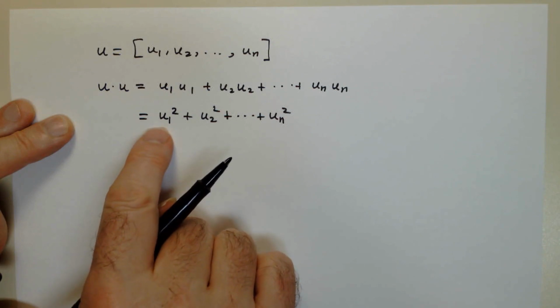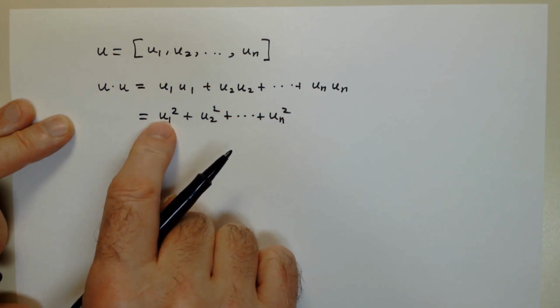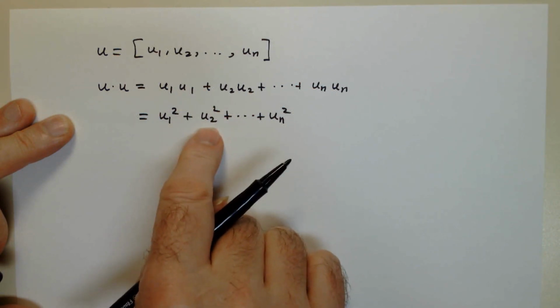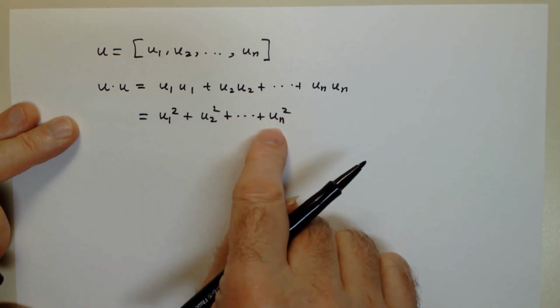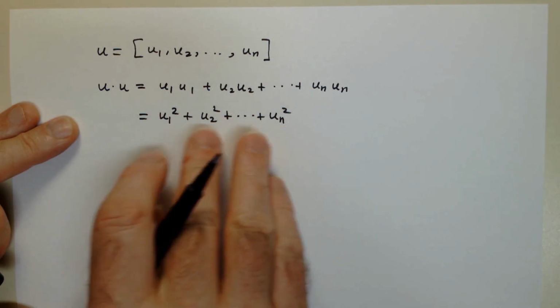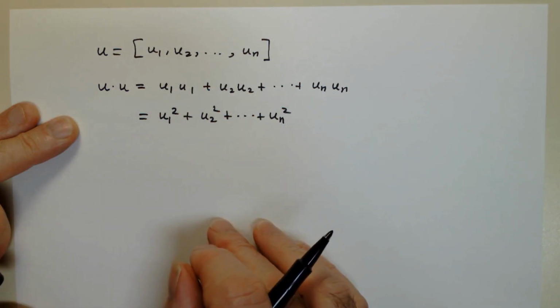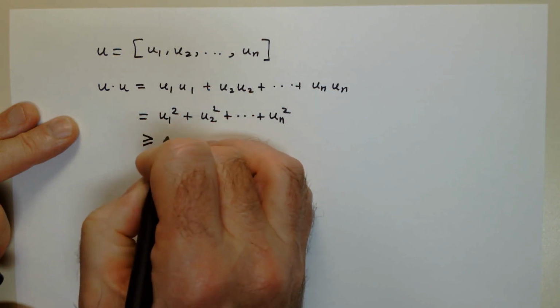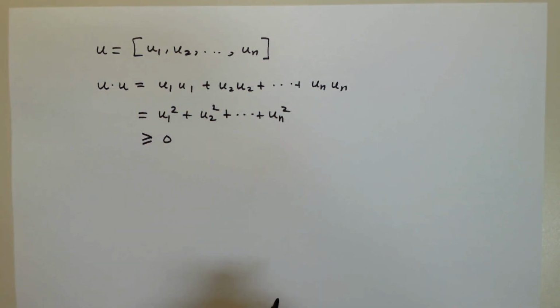And we can see very easily that this is a square, so we know that this term is bigger than or equal to 0. This term is always bigger than or equal to 0, and this term is always bigger than or equal to 0. So this is just a sum of terms, all of which are bigger than or equal to 0. So the cumulative effect is that this will be bigger than or equal to 0. Okay?